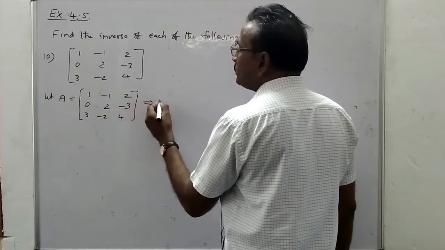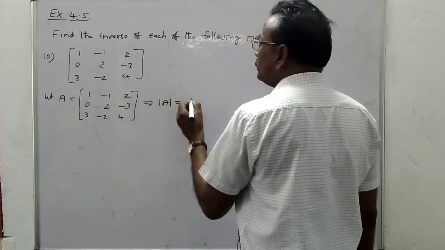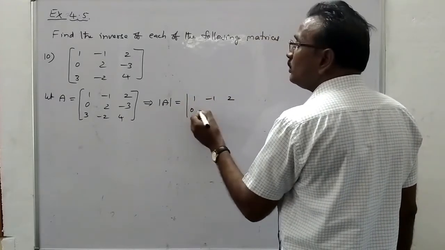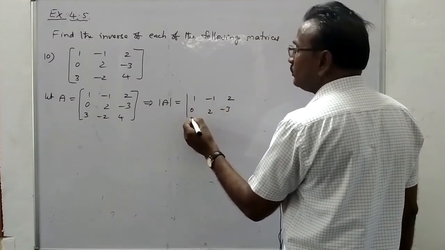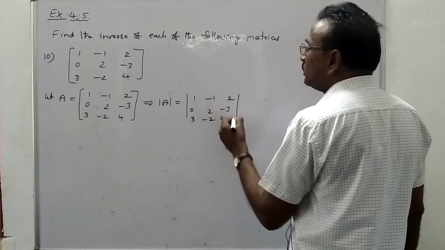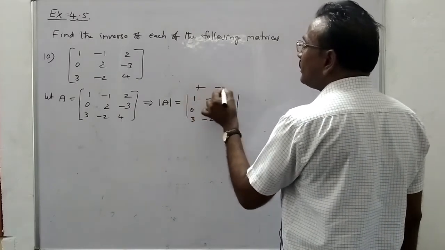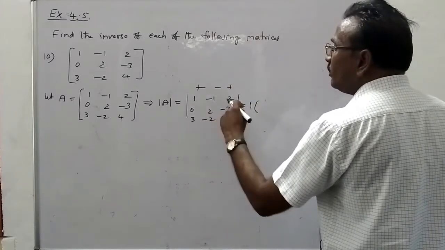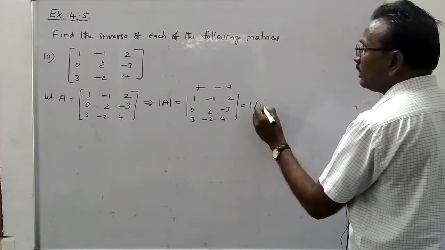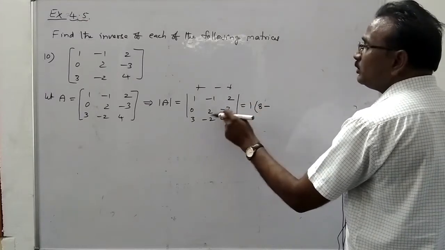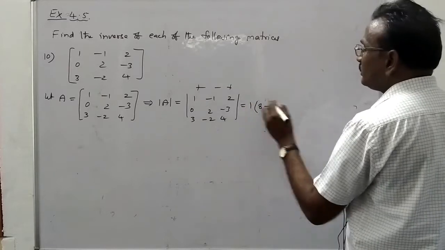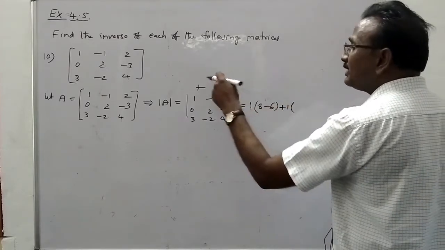So determinant of A is equal to determinant of this matrix. Expand along R1, signs plus minus plus. That is 1 into, delete first row and first column, determinant of these 4 elements: 2 4s are 8 minus, minus 2 3s are 6.